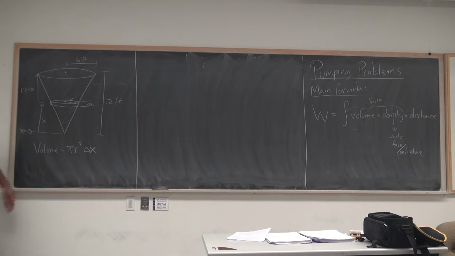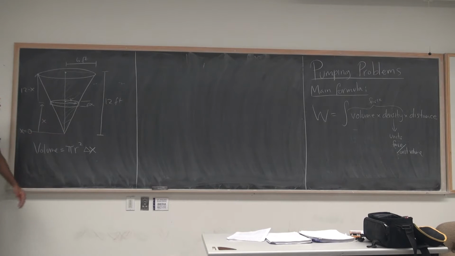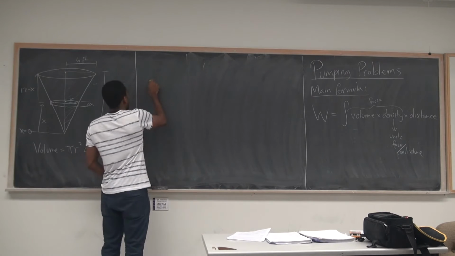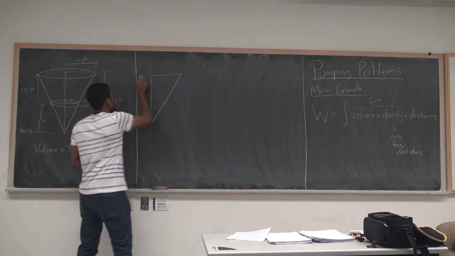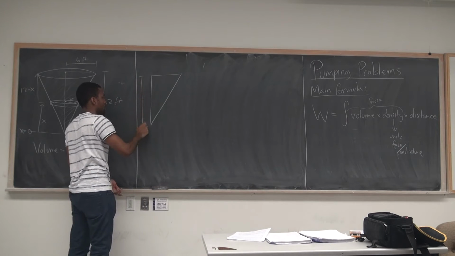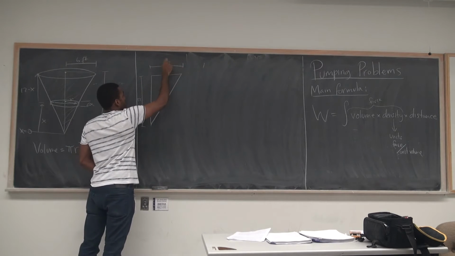Basically, you're going to imagine another slice cutting through this cone like a vertical plane. The picture you're going to imagine here is a right triangle with height 12. The base is 6.